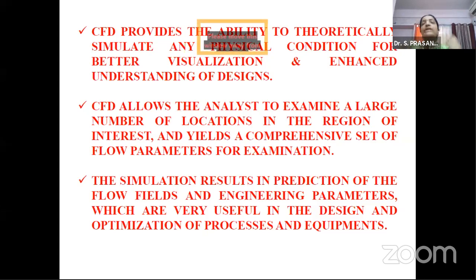And the second point is that when you go for physical modeling analysis, it is not possible to visualize or estimate all the parameters. Or suddenly, if you want a change in the design constraints, let us say when your average velocity is not greater than your approach velocity, or if it is less than the approach velocity, then as I told you, you need to constrict your outlet section, or reduce the height of the upstream side. When you want to do that, in physical modeling there are limitations.